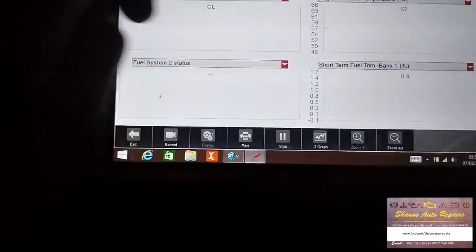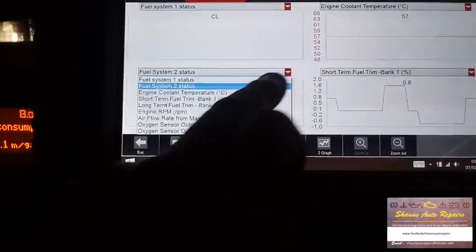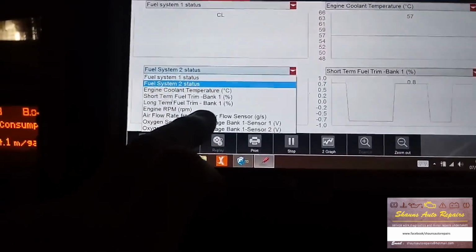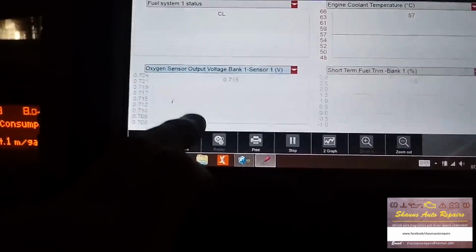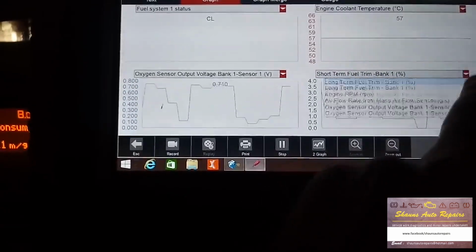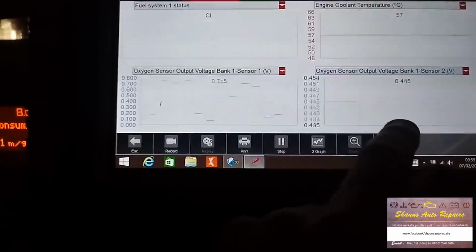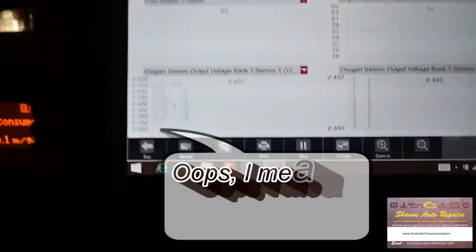Let's graph these: closed loop, fuel status. Oh, we don't want that one, we want that one. And O2 sensor bank 2, let's zoom out. Alright.